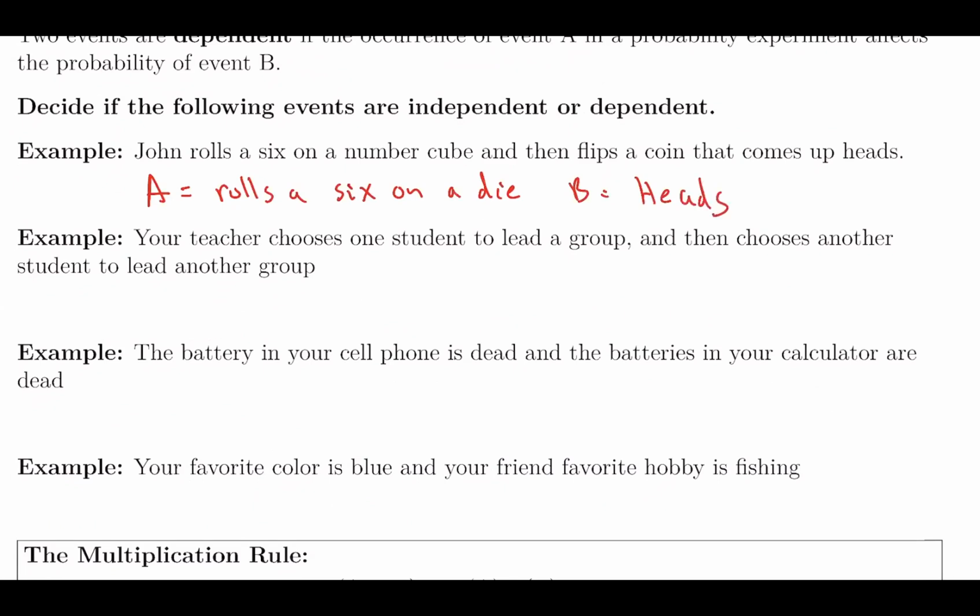So if I roll a 6 on a die, does that affect the probability of me getting heads on a coin? No. Since one event doesn't affect the other one, this will be considered which one, independent or dependent? All right, and we're done.